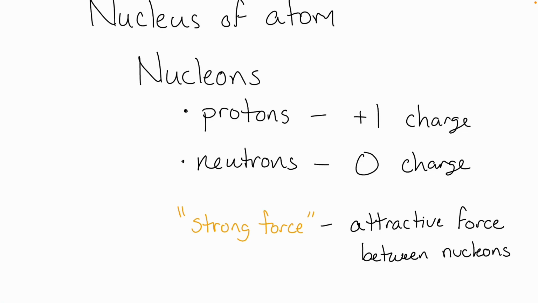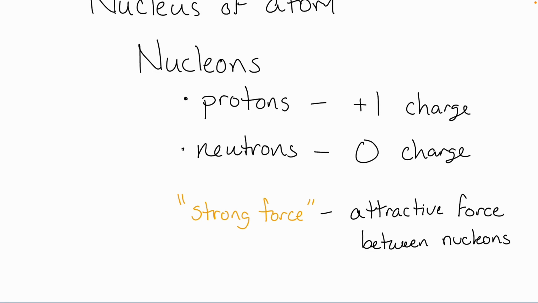And if you go on to advanced particle physics, you'll dive into this strong force a little bit more. The bottom line is that strong force, that force of interaction between the nucleons, is actually stronger than that electrostatic repulsion between those protons. Okay? Strong force will only take place at very close distances.